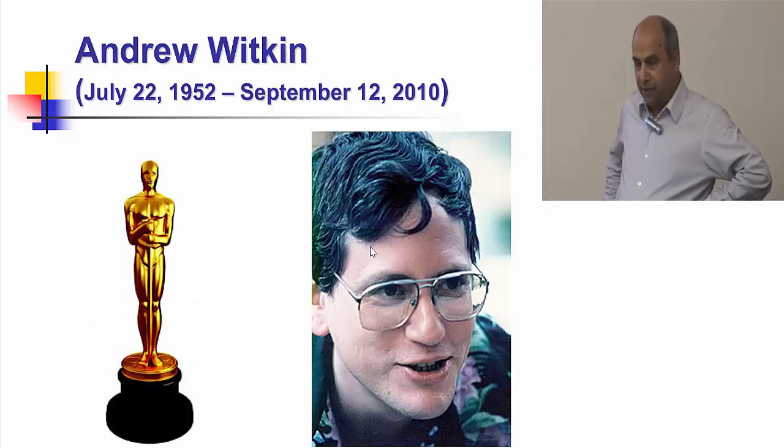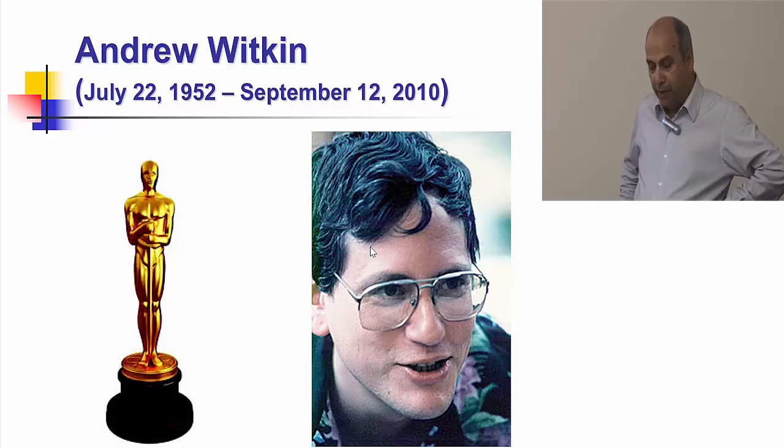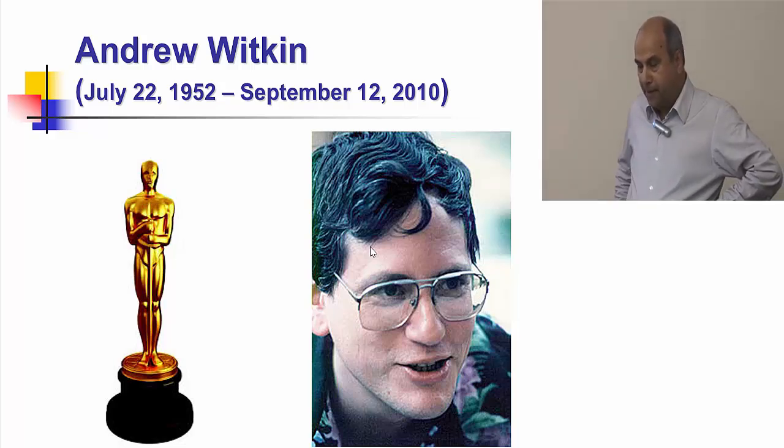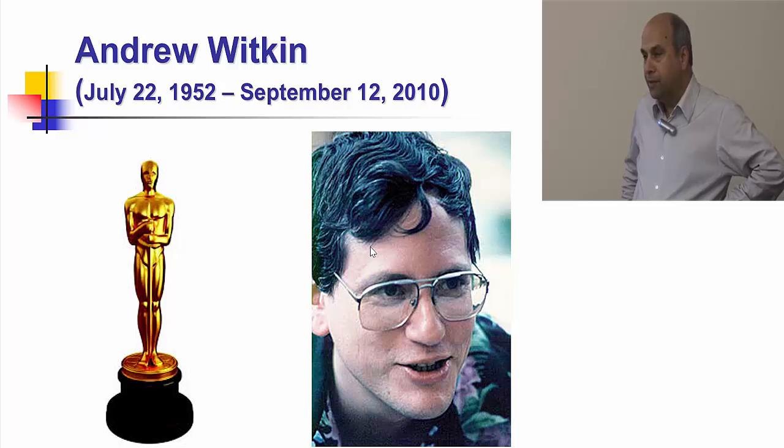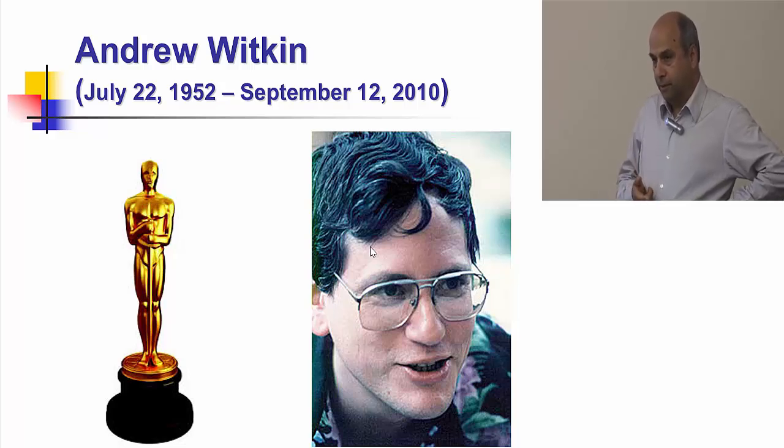Then there was a very interesting work done by Andrew Witkin, a computer scientist who, with a couple of other researchers, is one of the only ones who have received an Oscar. They did interesting work in computer graphics.